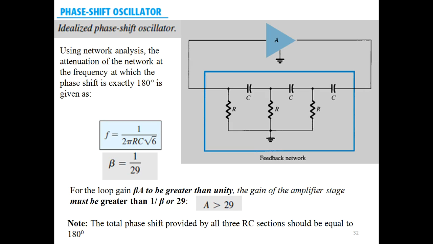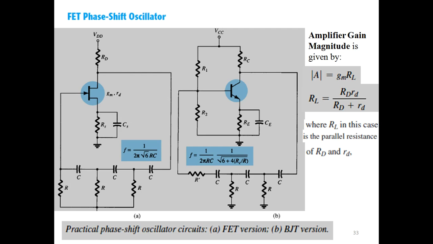Okay, so for sustained oscillations, the condition which has to be satisfied is that the gain of the amplifier must be at least greater than 29, so that the oscillations will begin. Okay, so that was the complete circuit of an RC phase shift oscillator.